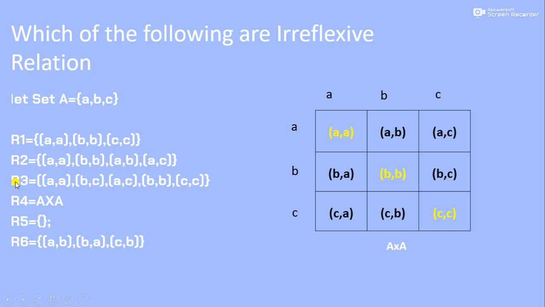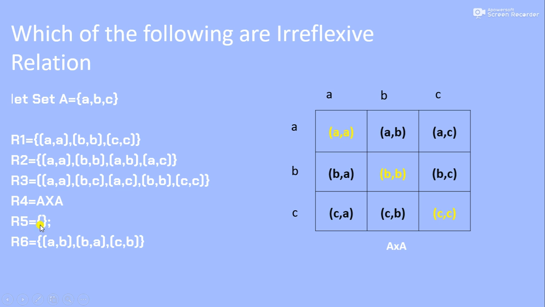Therefore R3 is also not an irreflexive relation. Here R4 contains A cross A, which means all the elements of the cross product, which also include the diagonal elements or reflexive pairs. Therefore R4 is also not an irreflexive relation.